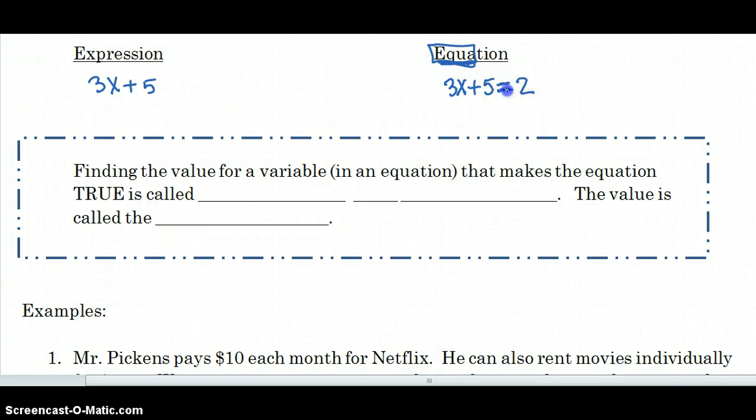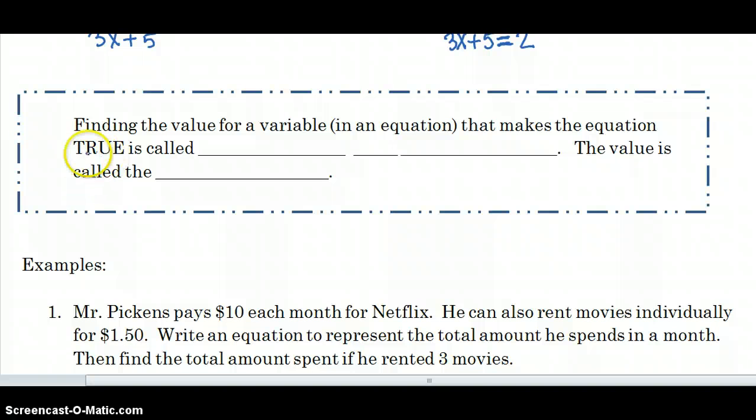It must have an equal sign. All right, finding the value for a variable in an equation that makes the equation true, it's got to make it true, that is called solving the equation. Okay, the value is the solution.